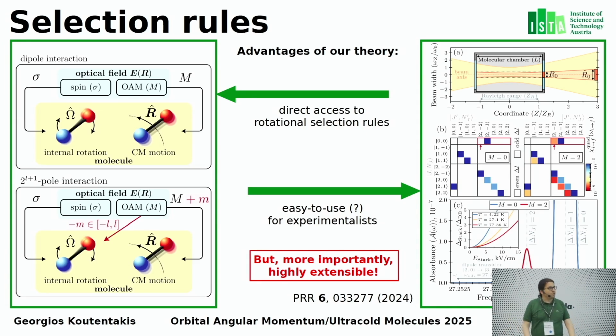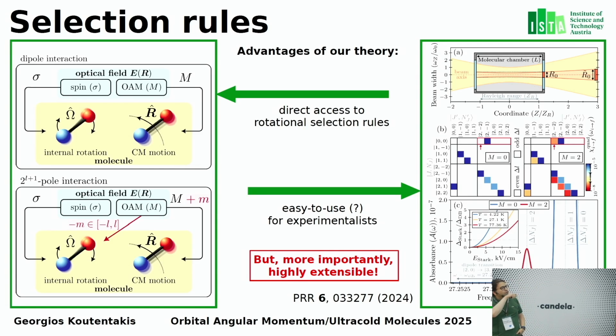So not so inspiring, but when we go to higher orders of interaction, and we can do it for all orders, but let's say for the quadrupole moment, we can transfer quanta from the orbital angular momentum of the beam to the internal rotation of the molecule. And this quanta depends on this L, which for quadrupole is 1, for octupole is 2, and so on.